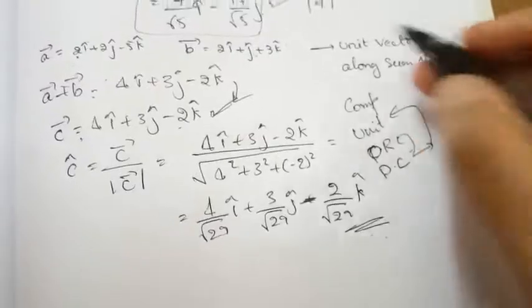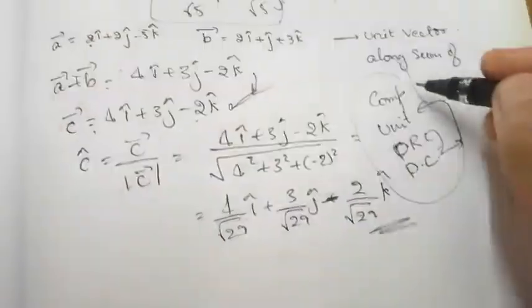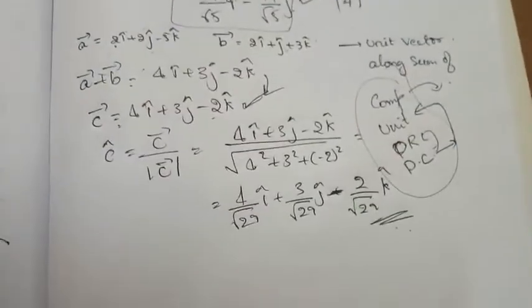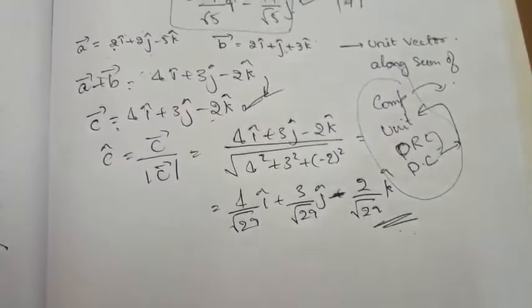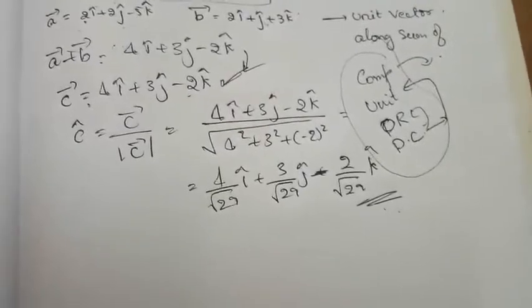All the concepts which I have done till now, and how they are used practically. To understand that, I did a few problems to make you clearly understand the concept. So these are some of the concepts. So next, let us move to the next concept.